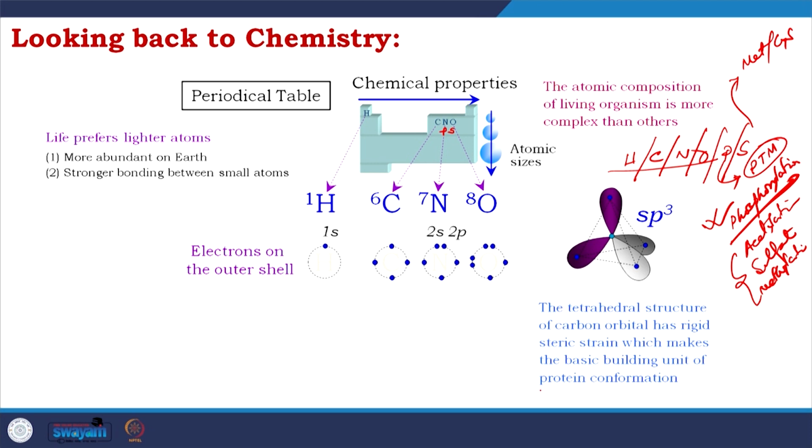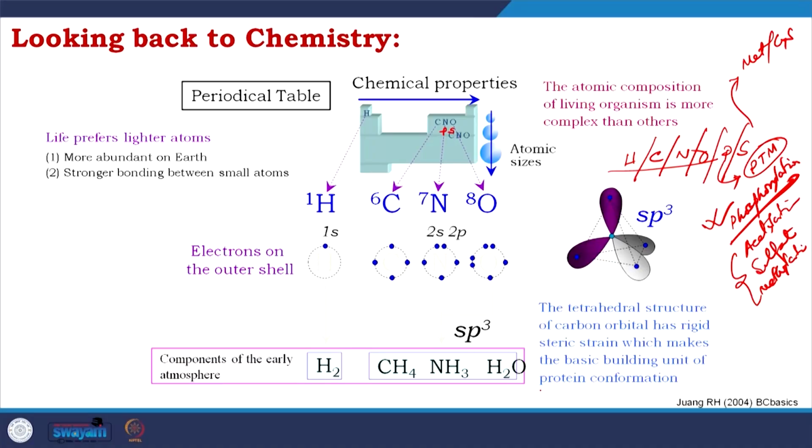In the previous module I talked about how sp3 hybridization is important for carbon, but it is also present in nitrogen and oxygen, giving them CH4 methane for carbon, NH3 ammonia for nitrogen, H2O for oxygen.